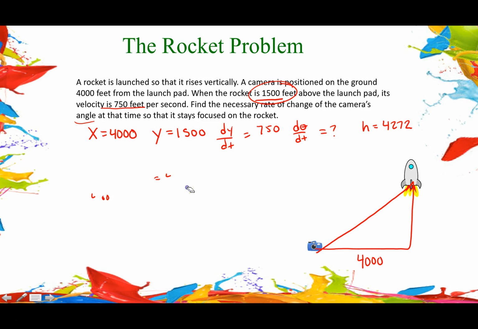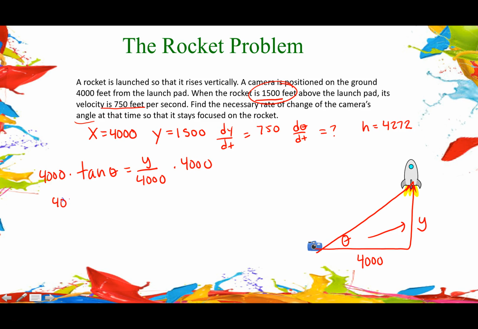All right, let's go ahead and set this up. This is going to be tangent of theta is going to be opposite, which in this case is y, over our adjacent, which is 4,000. Okay, let's multiply by 4,000 on both sides.